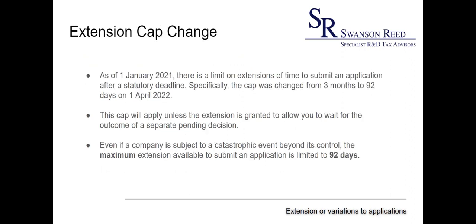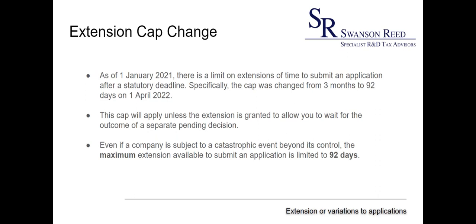In recent years, a cap on the amount of time able to be granted as an extension has come into effect. As of the 1st of January 2021, there is a limit on extensions of time to submit an application after a statutory deadline. Specifically, the cap was changed from 3 months to 92 days on the 1st of April 2022.